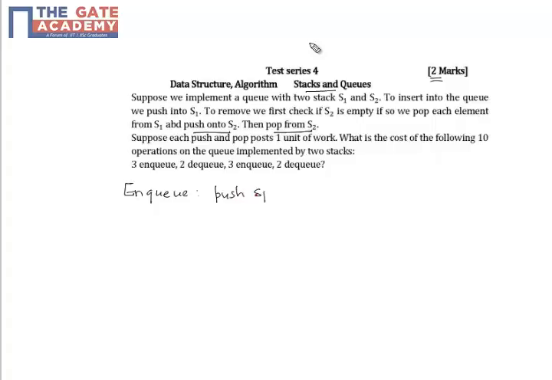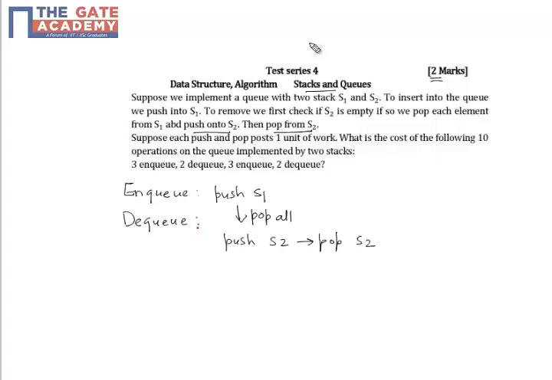As and when we want to insert elements, we'll push those elements onto S1, and whenever I want to perform a DQ operation, I will pop all the elements from S1, and then push those elements on S2 and pop this element from S2. Whatever element comes out will be the element which I want to DQ.